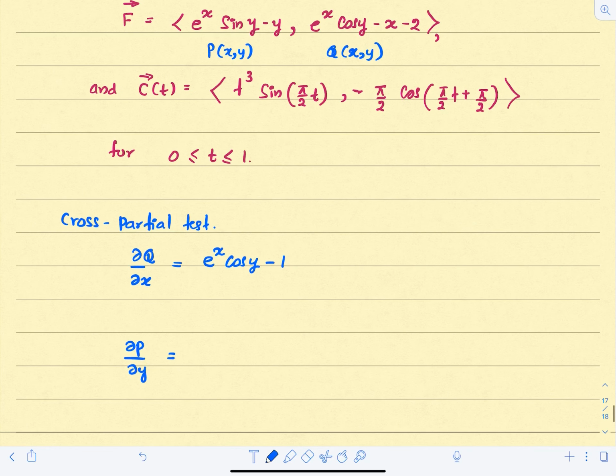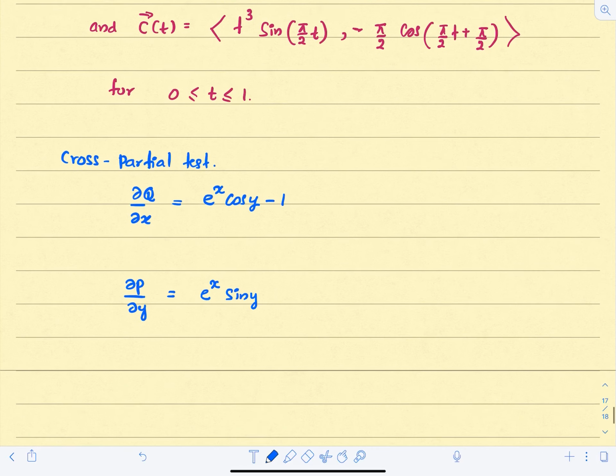Next, we are going to take the derivative of this first component, which I denoted using P(x, y), with respect to the y variable. So we have to treat the x variable as a constant. We have e^x, which is a constant, then sine y.